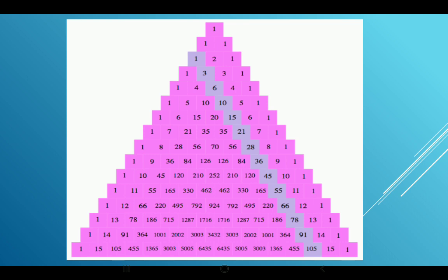Ibig sabihin, yung 8 na yun is yung number ng term ng 36, and so on and so forth. Hanggang makarating tayo sa last number natin. Sa 105 pala, yung dalawang dulo na number is 15 at saka 1. 15 minus 1 is equal to 14. Ibig sabihin, yung 105 yung pang 14 term.